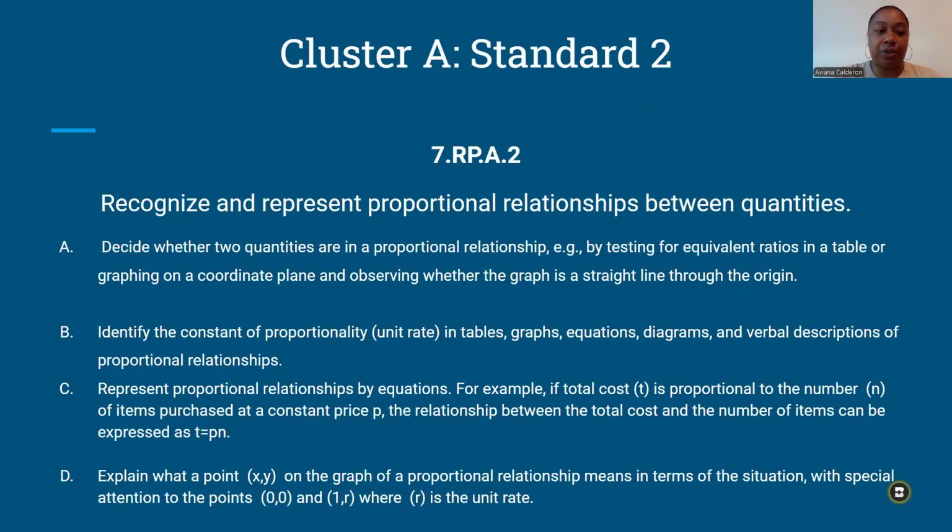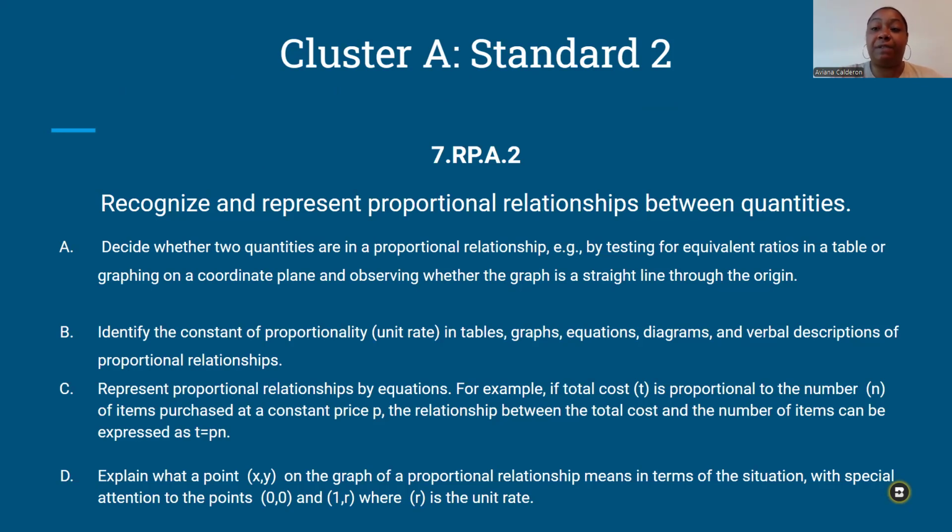Cluster A, standard 2. It says 7RPA2. Recognize and represent proportional relationships between quantities. And this standard is broken down into 4 parts, so it is a very complex standard. We have A, decide whether two quantities are in a proportional relationship, for example, by testing for equivalent ratios in a table or graphing on a coordinate plane and observing whether the graph is a straight line through the origin.